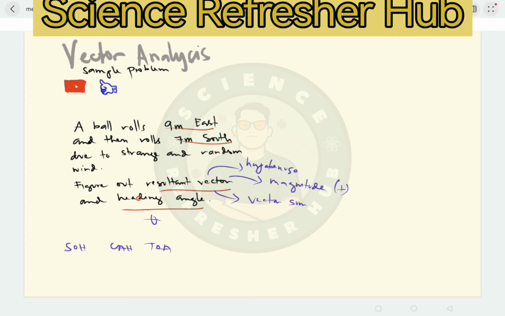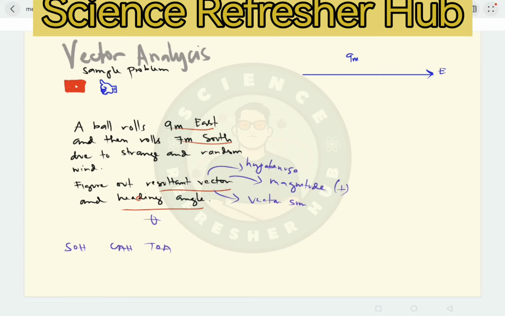Okay, so this time we will try to draw what's going on in our problem. The ball rolls 9 meters east. Let's say this is 9 meters, and of course it's east.